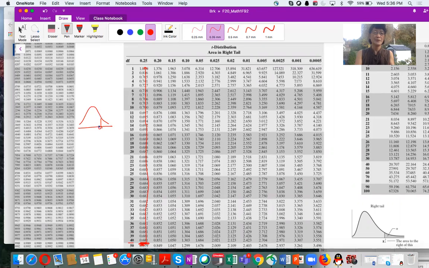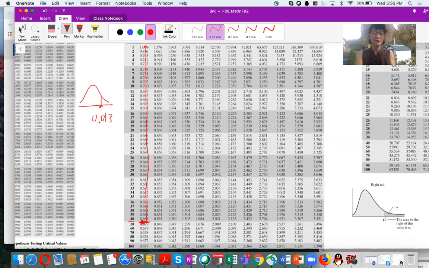So there is a point, 0.013. Okay, the test statistic is negative, but the table does not have negative numbers. So we have to use a positive number to find the p-value. So first locate positive 0.013, it is here. And this number, when degree of freedom equals 40, is smaller than this number here, 0.681.